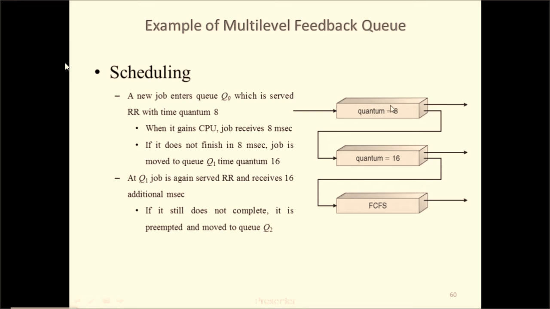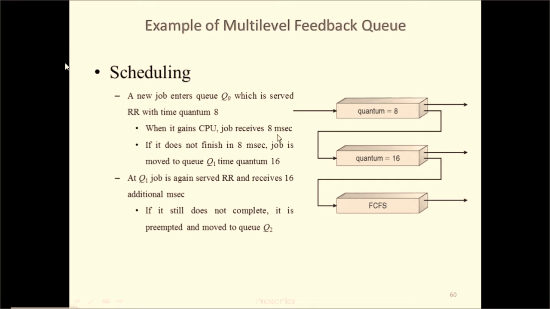Now what can happen within this time quantum of 8? The process may complete and go out of the system, or the process is yet to be complete but the time quantum has finished. The moment this happens for a process, the process is moved on to Q1.